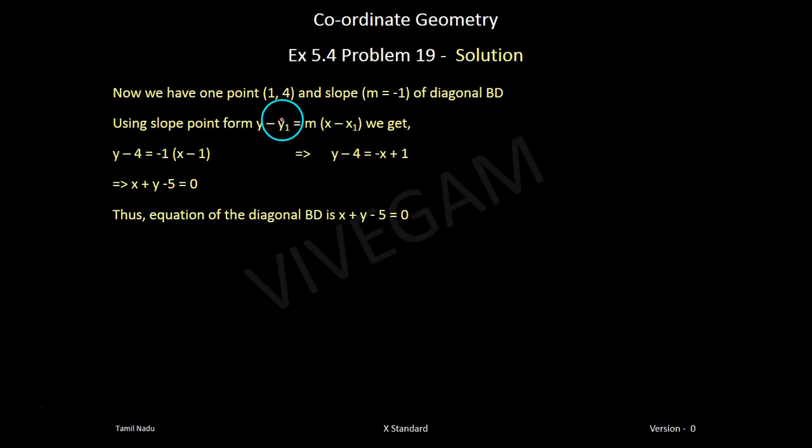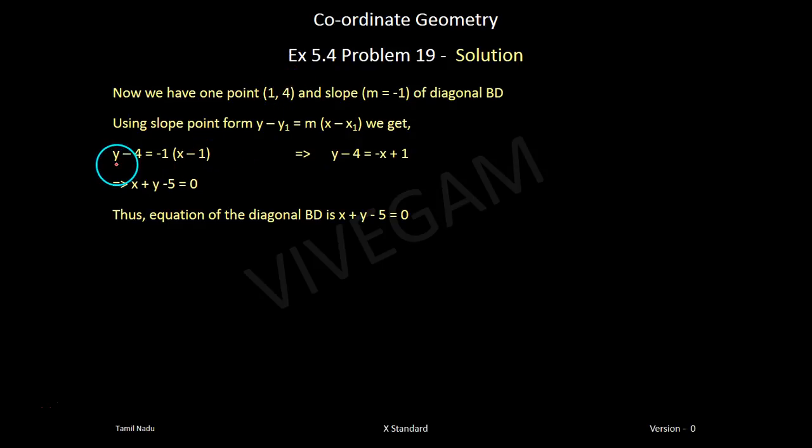So now you have one slope and you also have one point. Substitute that in the slope point form. Y minus y1 equal to m into x minus x1. The point, this is x1, y1, slope m equal to -1. So this equation will become y minus 4 equal to -1 into x minus 1, right?